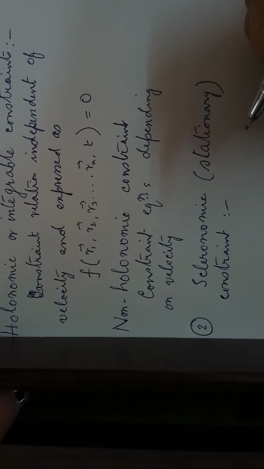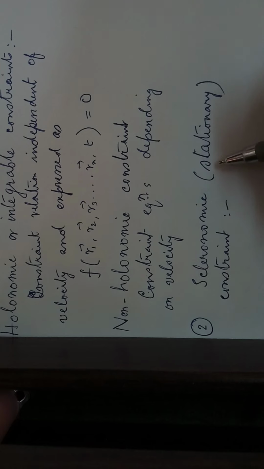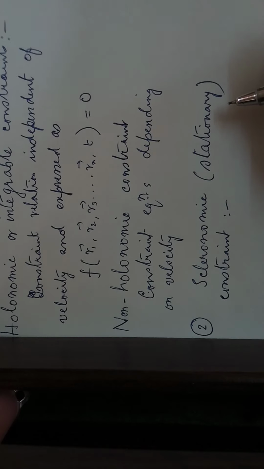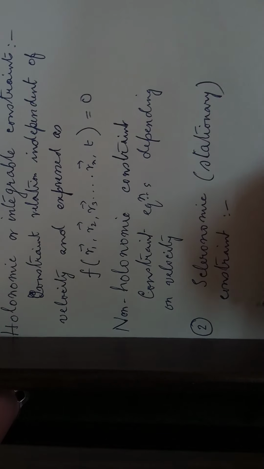Look at the name, stationary. It does not depend explicitly on time. That is why we call it stationary. As time evolves, the definition of the constraint does not change. The constraint relation is time independent.